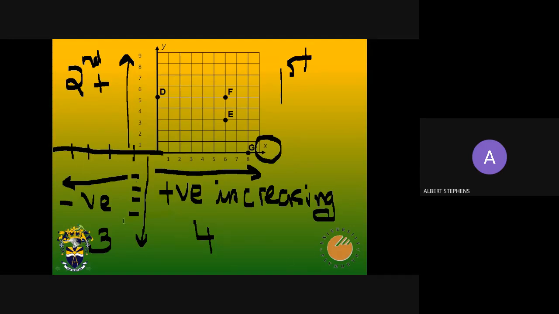What about the fourth quadrant? Anybody want to tell me the x values for the fourth quadrant? Are they positive or negative? Sir, the X is positive and the Y is negative. Very good. So in the fourth quadrant, X will be positive and Y will be negative.